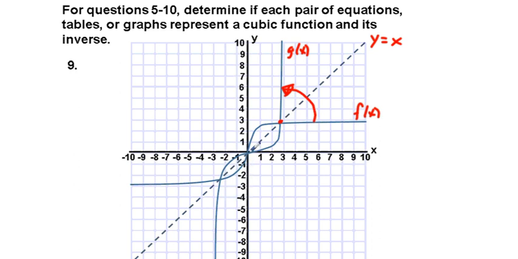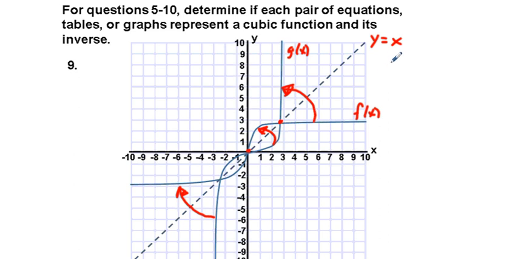Now you are going through the origin in each case. But I hope you can see that these seem to be reflecting about the line y equals x. And so it looks like this y equals x is a little bit off. That's a graphical limitation.